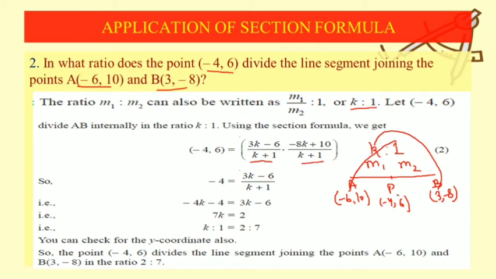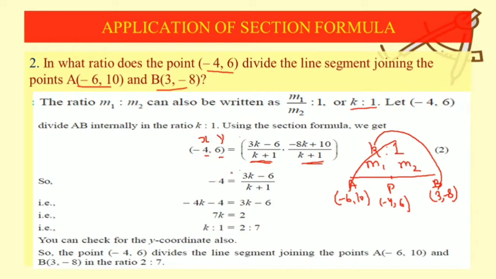But we already know the coordinates for P, that is minus 4 comma 6. So in place of x and y we can write minus 4 comma 6. So this is representing x, this is representing y, and whose values we already know, minus 4 comma 6. Now to find k we can equate any, this x or this x, this y or this y. You can see this is the x and y coordinate.